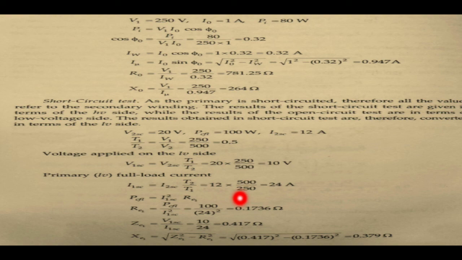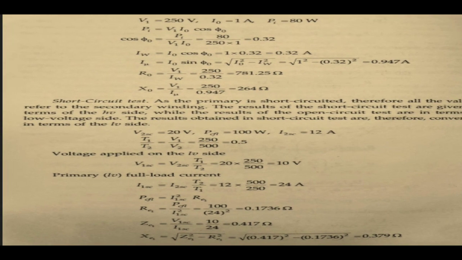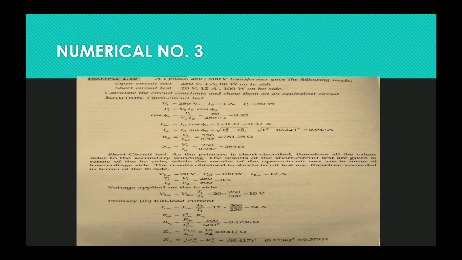ZE1 equals V1SC by I1SC, that is 10 by 24, equals 0.417 ohm, and XE1 equals root over ZE1 square minus RE1 square, equals root of 0.417 square minus 0.1736 square, equals 0.379 ohm. That is the value of XE1.